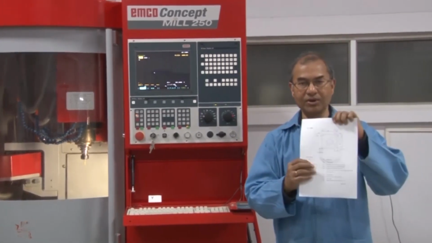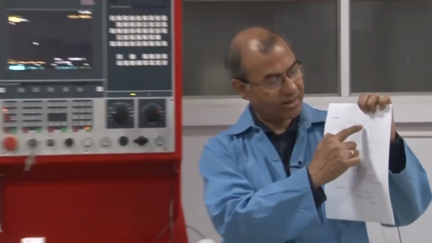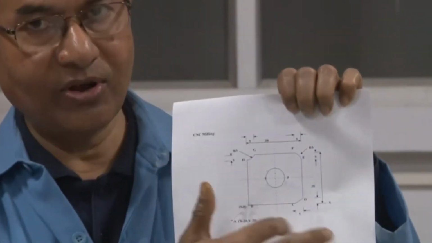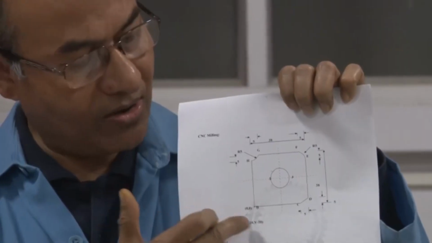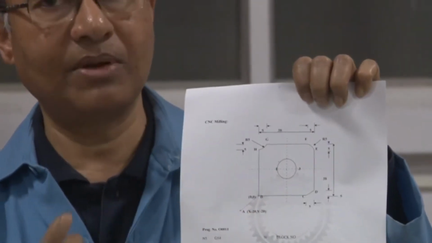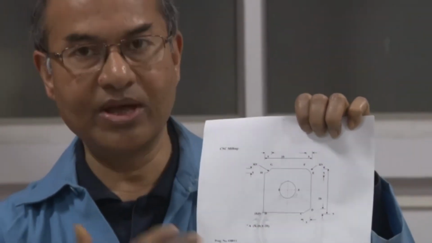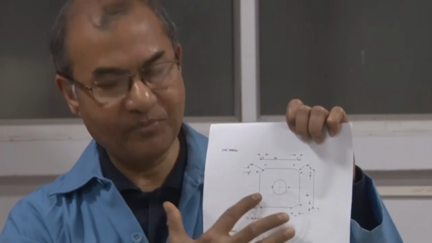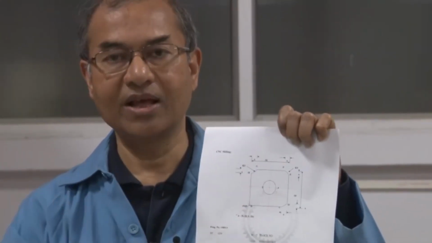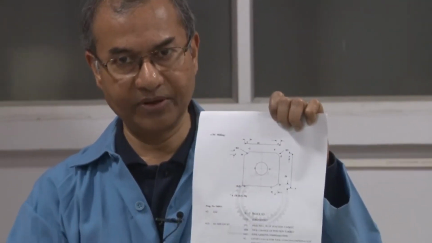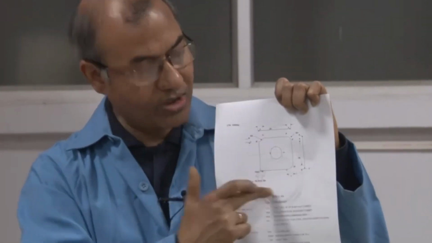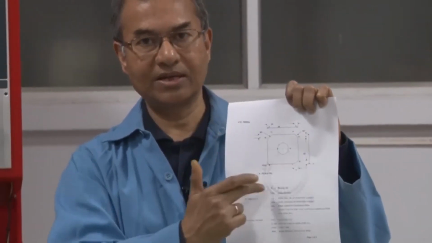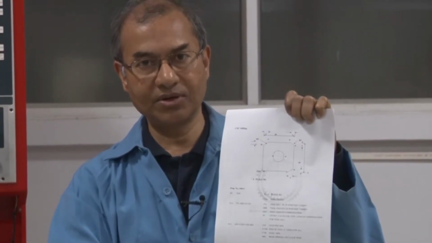I have shown it to you here. This part is made with all the dimensions. According to these dimensions your program has to be made. Here we have made it manually as I narrated, but using computer aided manufacturing, the same program can be generated by the Fusion software. So, you have to make this drawing in the Fusion.